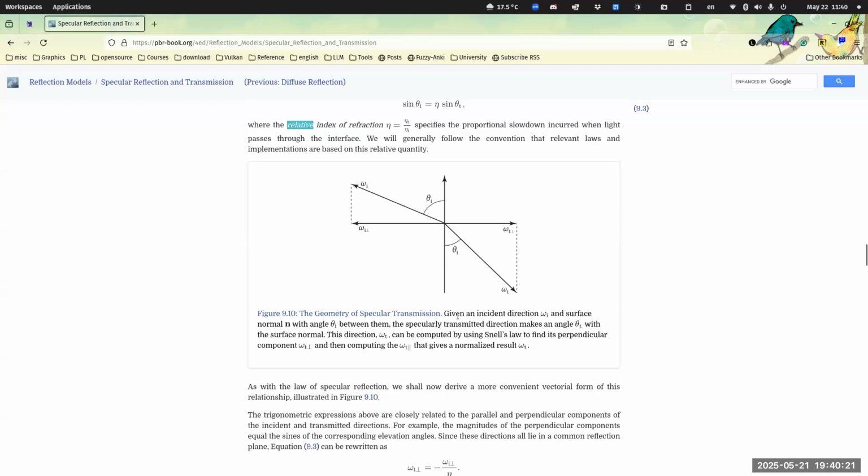So given an incident direction omega I and a surface normal n with angle theta I between them, and also an output, we can use Snell's law to find the perpendicular component and then the parallel component, and then the normalized result omega t.